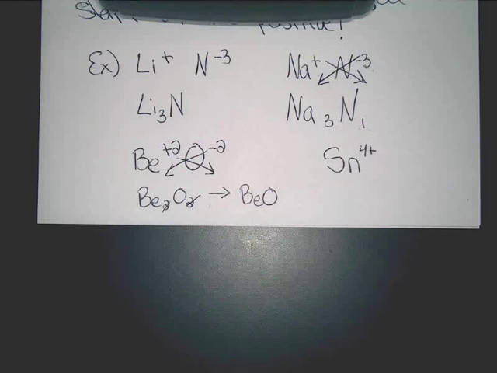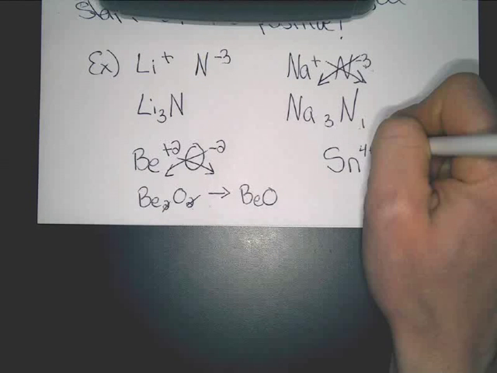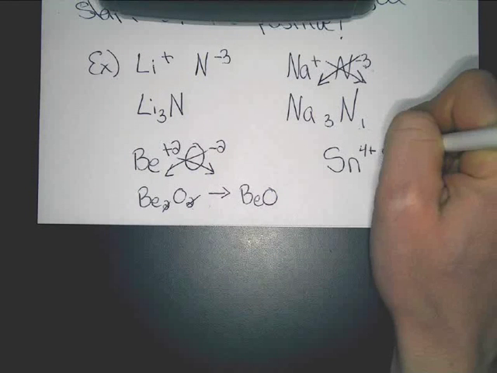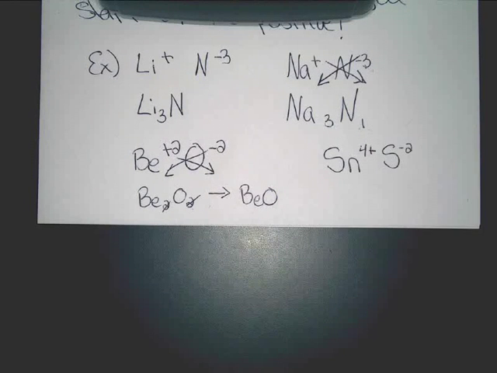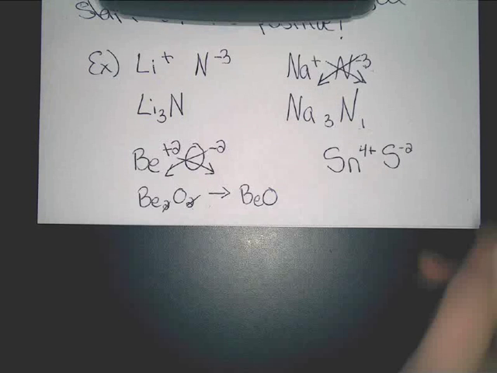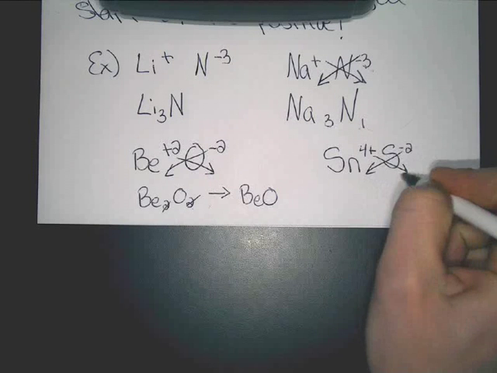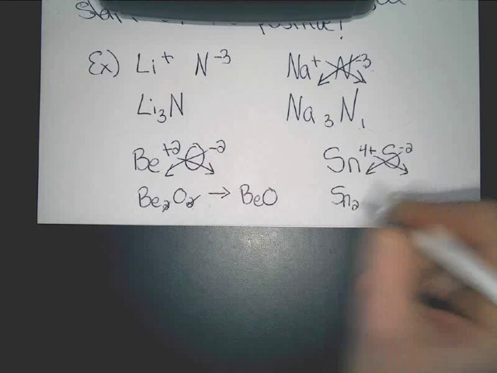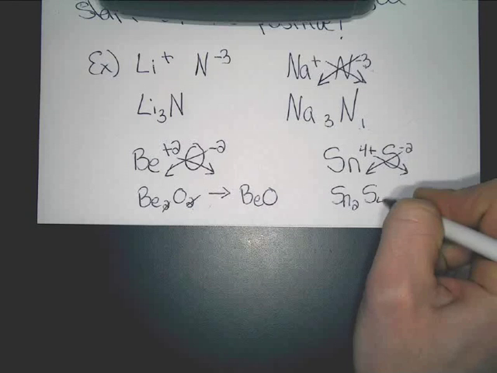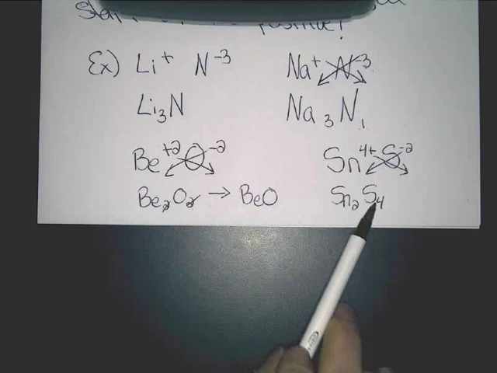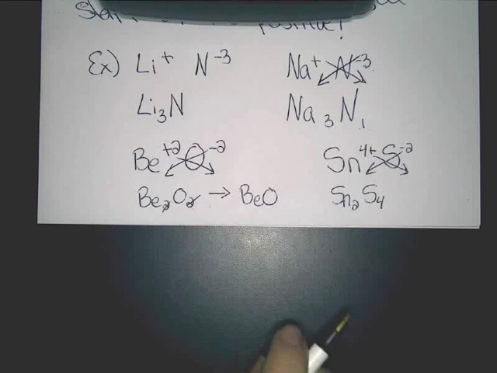And then let's use sulfur, which is -2. So how would I crisscross that? Sn2S4. So I need to reduce.